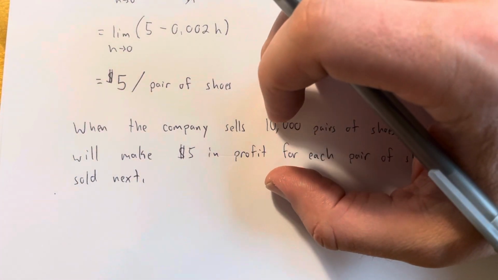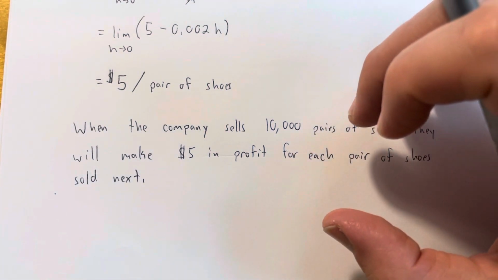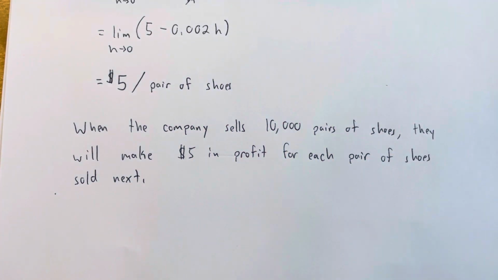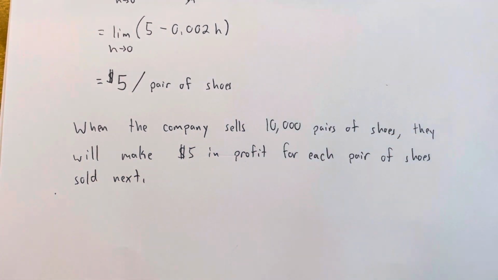So this explanation here is really only good for sales that are near 10,000. And really what that is, that goes back to that other interpretation that I had given you of the tangent line to a graph, which is that the tangent line is a good approximation tool for the graph of our function, but only locally, only for values that are near whatever we used to come up with that tangent line. Okay?